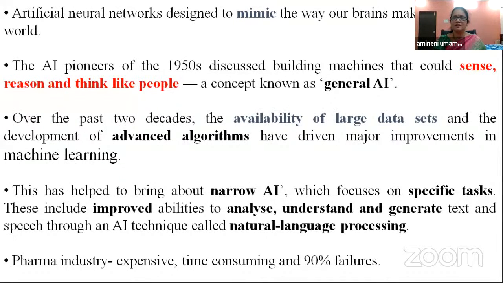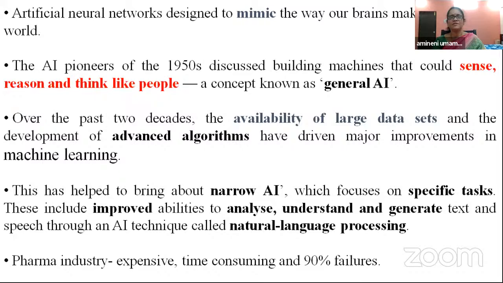These neurons form a network, called a neural network. With the help of these neural networks, we can sense, reason, and think. In the year 1950, scientists designed neural networks artificially to mimic a human being, and they were named artificial neural networks.